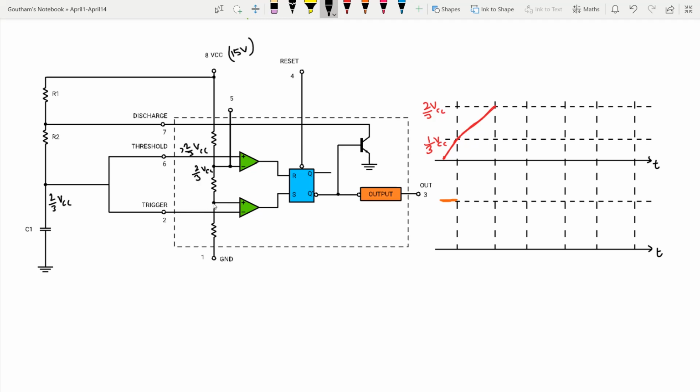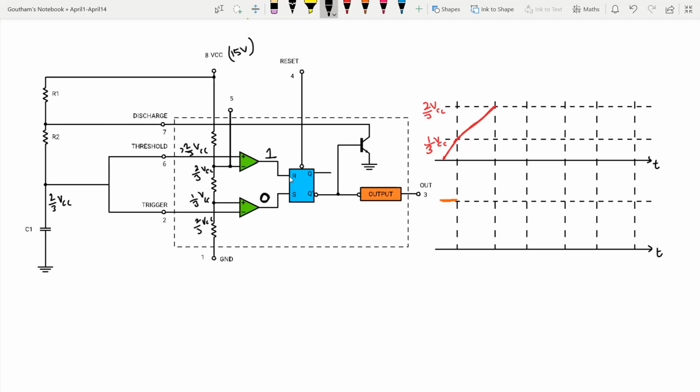This other input is always connected to 1/3 VCC. Now here Vp is a small value greater than Vn, so once Vp is greater than Vn, your output will be 1 over here. And what is here? Here Vp is 1/3 VCC, Vn is 2/3 VCC, Vp is less than Vn, so the output is 0.